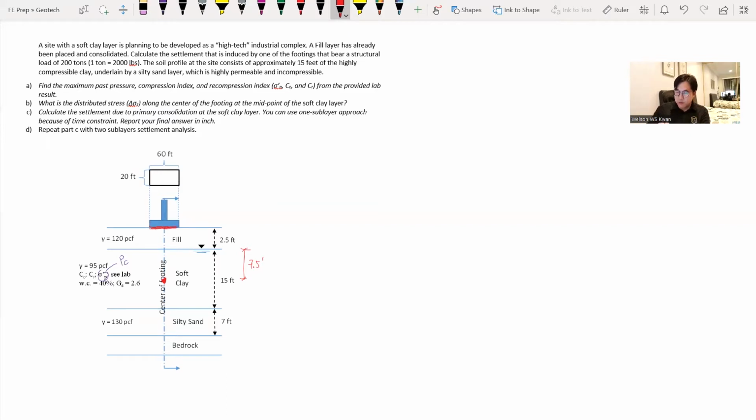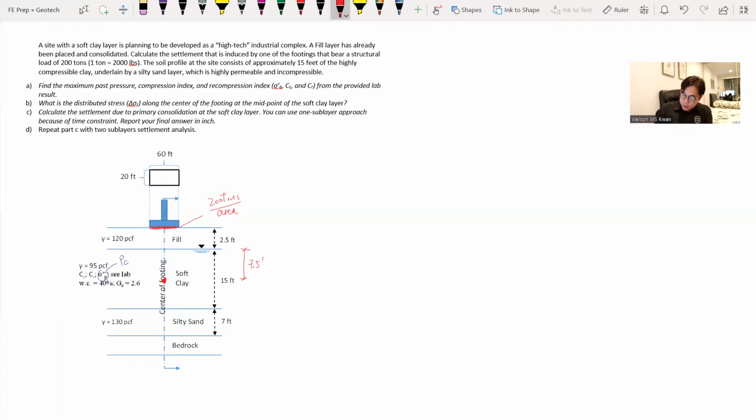But at further down, maybe at infinite depth for sure, all the stress provided by the footing will be gone. So the stress right at this point is the 200 tons divided by the area, right at the grade level where the foundation is in contact with the soil layers at the ground surface.